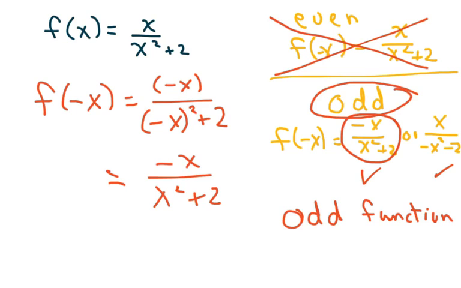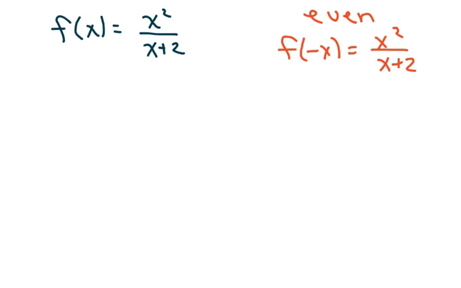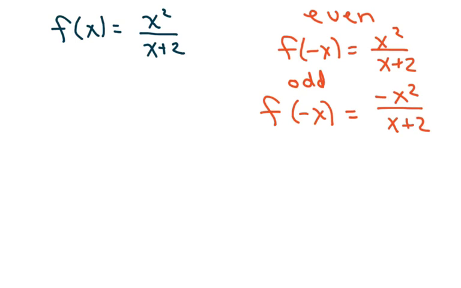Okay, the next one. If it's even, it's just going to be the same function, so when I plug in negative x, I should get x squared over x plus 2. If it's odd, when I plug in negative x, I should get either negative x squared over x plus 2, or x squared over negative x minus 2.